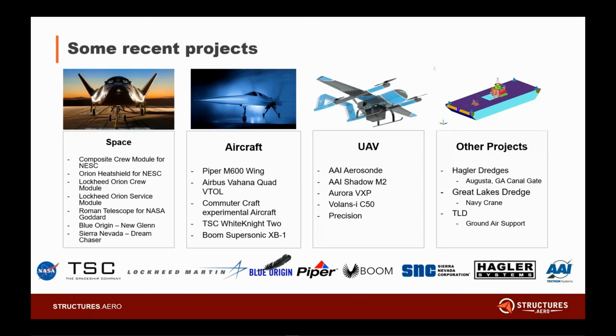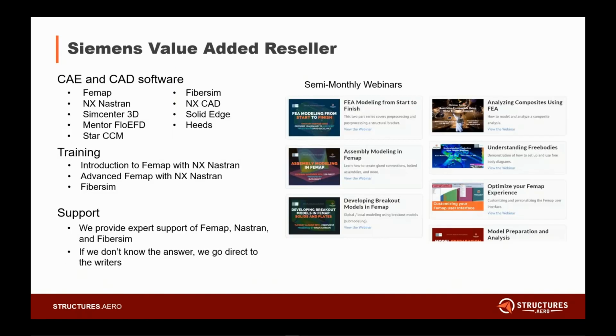It was previously the WFIRST. And then I think we just finished up a contract with Boom Supersonic, which that demonstrator is going to fly within the year. And then we do a lot of work on UAVs as well, and some industrial work if customers come and say they need help. So a lot of experience in the space, aircraft, and UAV industries.